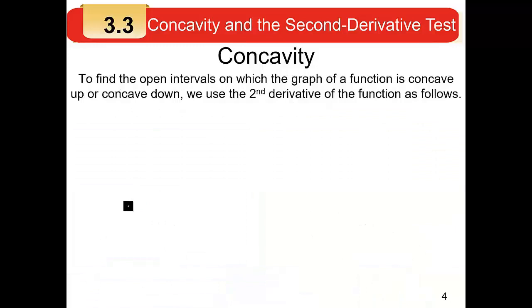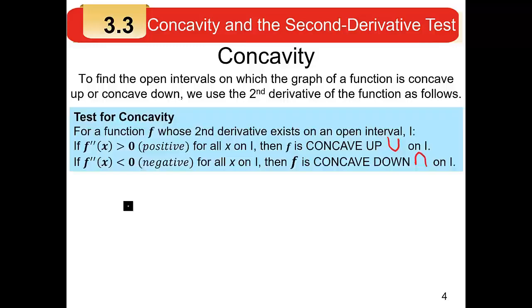Now, obviously, we're going to want to find the intervals where this concavity happens, and we'll end up using the second derivative to find those intervals. There's a test for concavity.